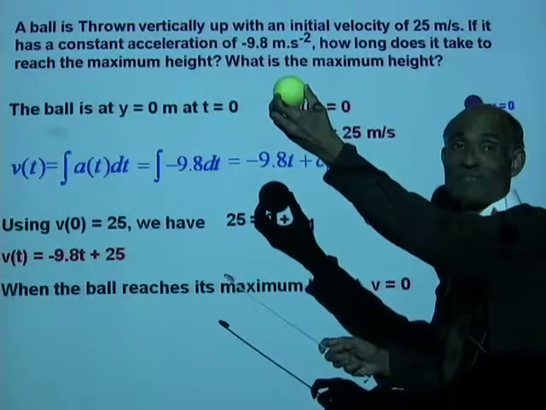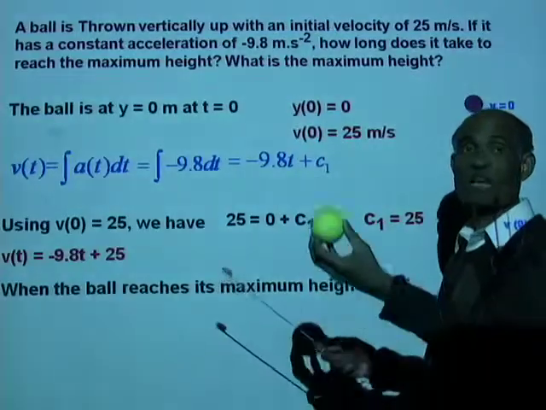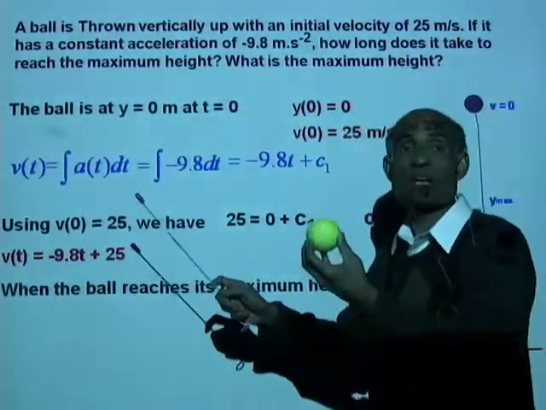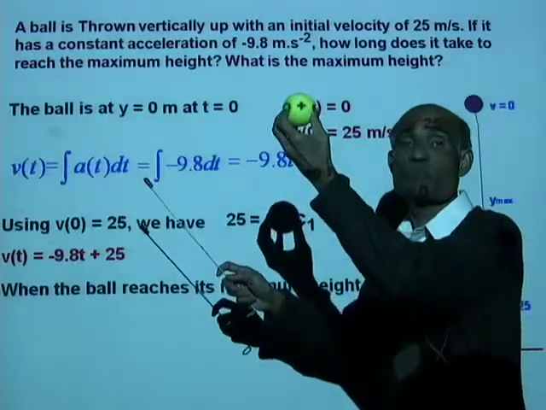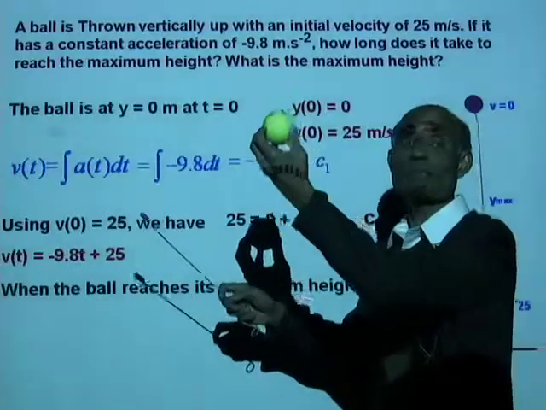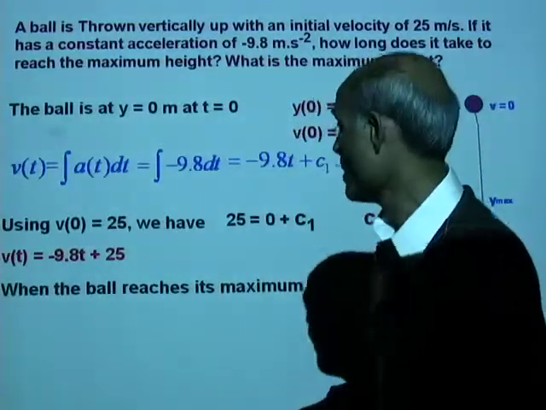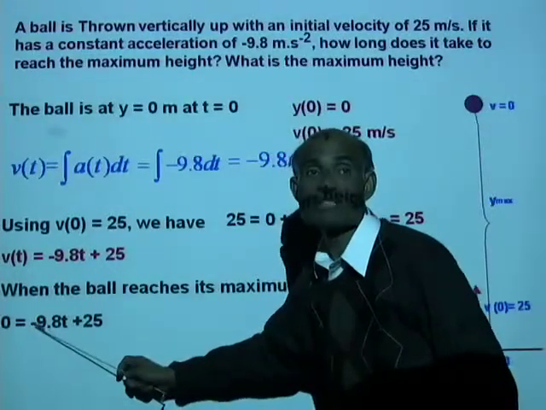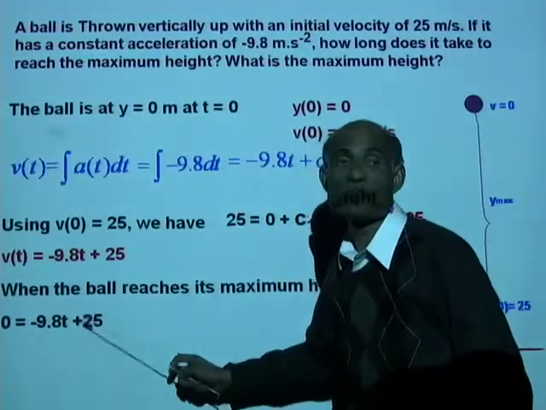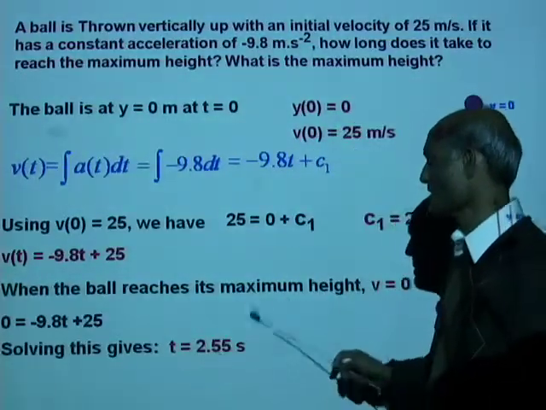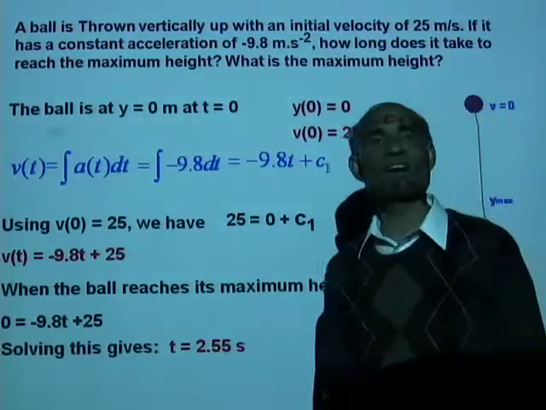The time taken for the velocity to become 0 is the time taken by the ball to reach the maximum height. So we say 0 equals negative 9.8 t plus 25, and solve for t. From there, t equals 2.55 seconds.